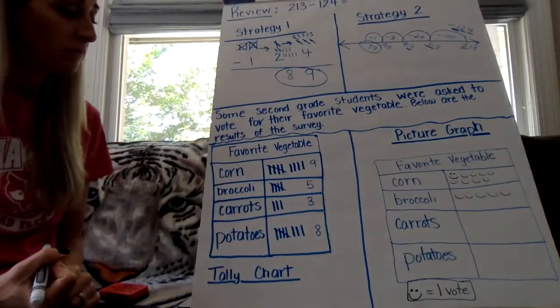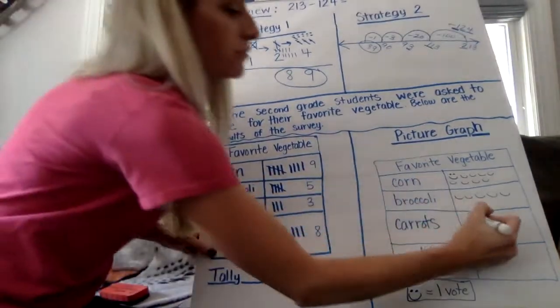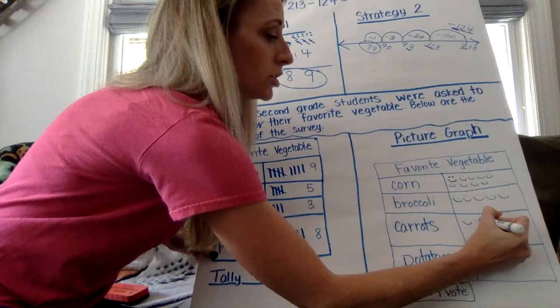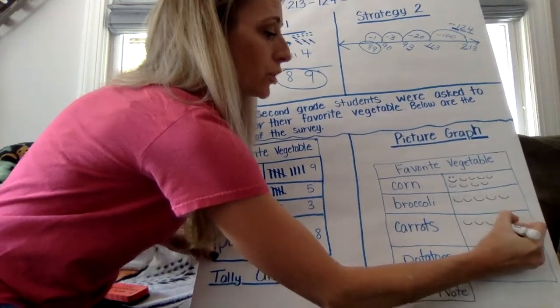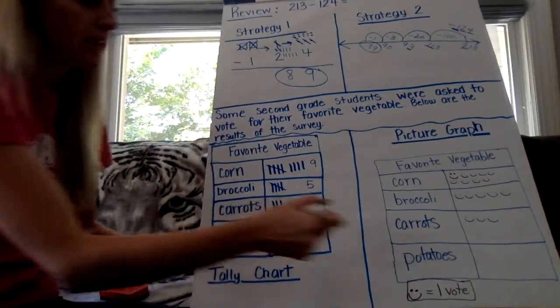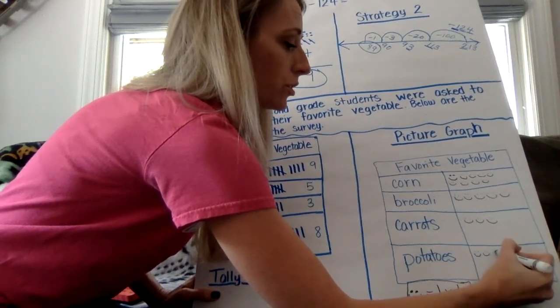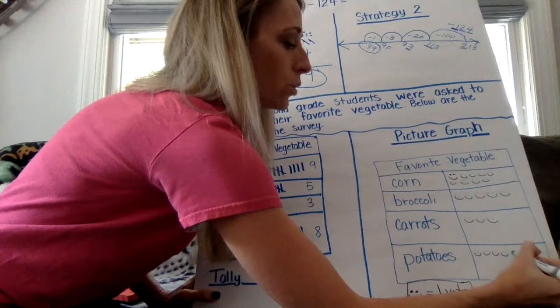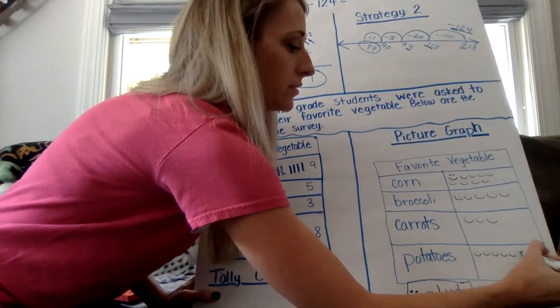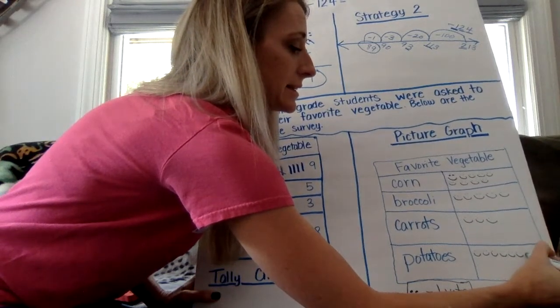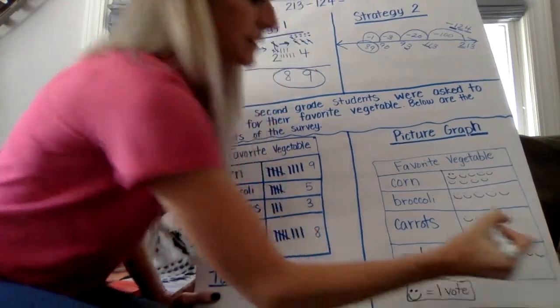Carrots have 3. 1, 2, 3. And potatoes have 8. 1, 2, 3, 4, 5, 6, 7, 8.